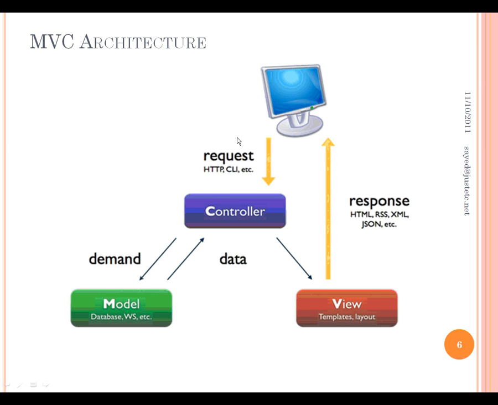Based on the request, if it needs to implement some business logic, it calls some model related functions or methods, then that business logic is implemented, and control goes back to the controller, and then the controller sends any output required from the model to the view to generate the presentation layer, and those things are wrapped up in HTML, XML, JSON or XHTML. Those are sent back to the user.